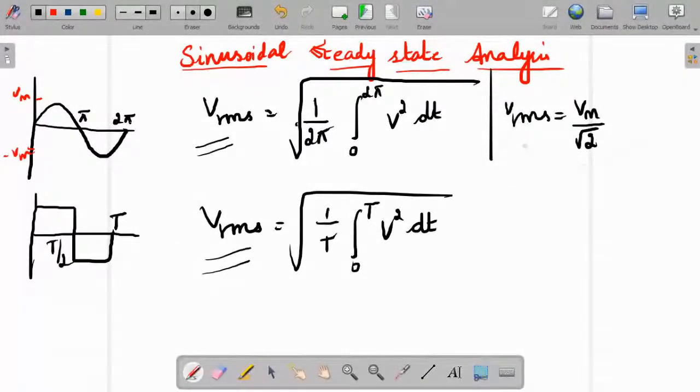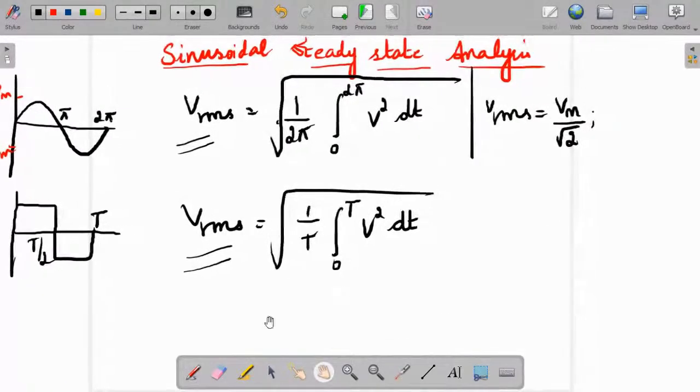Then what is the formula to find V average for sinusoidal signal? The formula to find V average will be equal to 2Vm by pi.